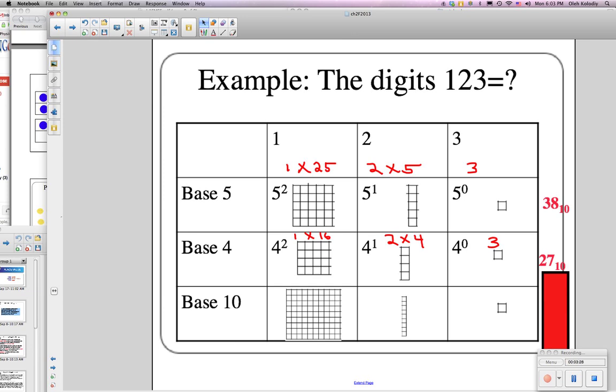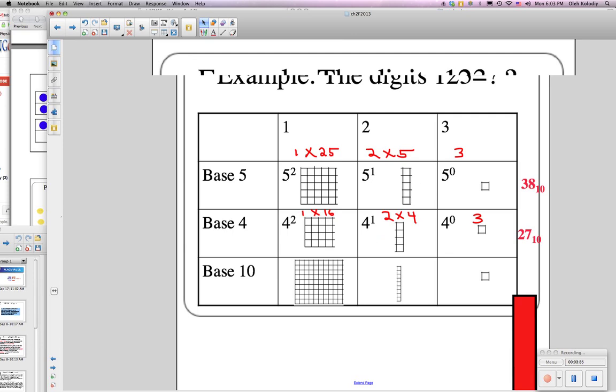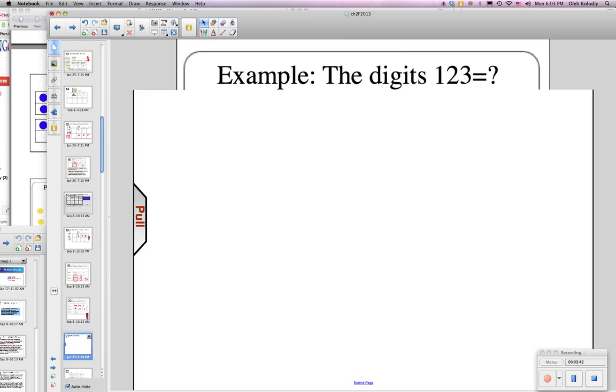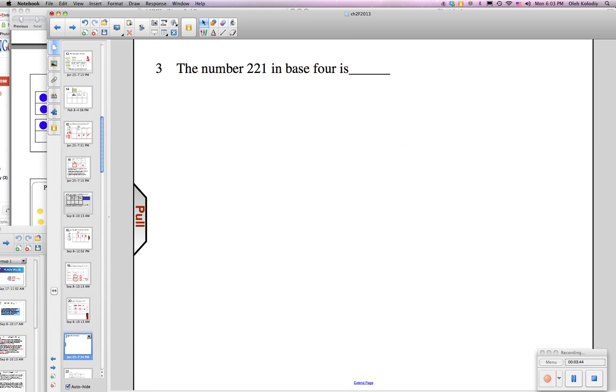So 16 plus 8 plus 3 will give you 27 in base 10. So 1, 2, 3 in base 4 would be 27. Of course, in base 10, it would be 123.